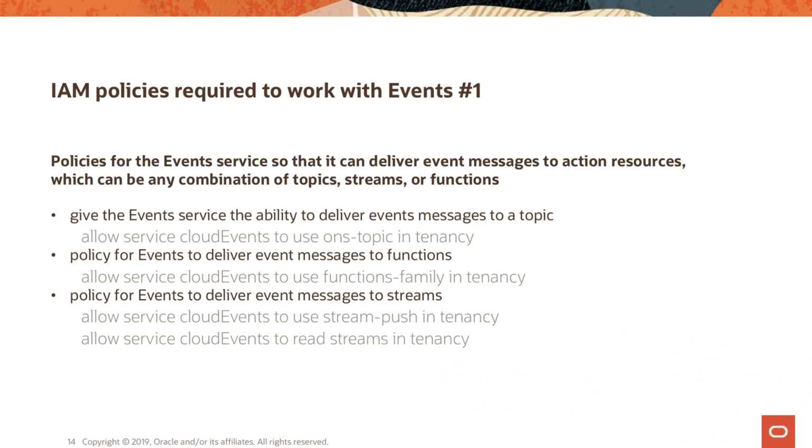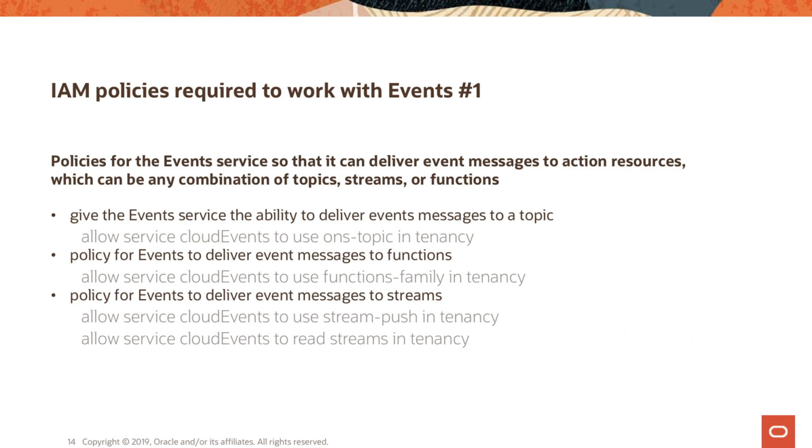All right, so let's look at the IAM policies that you need to work with events. The first set of policies, there are two distinct types. The first one is to have IAM policies for the event service itself.